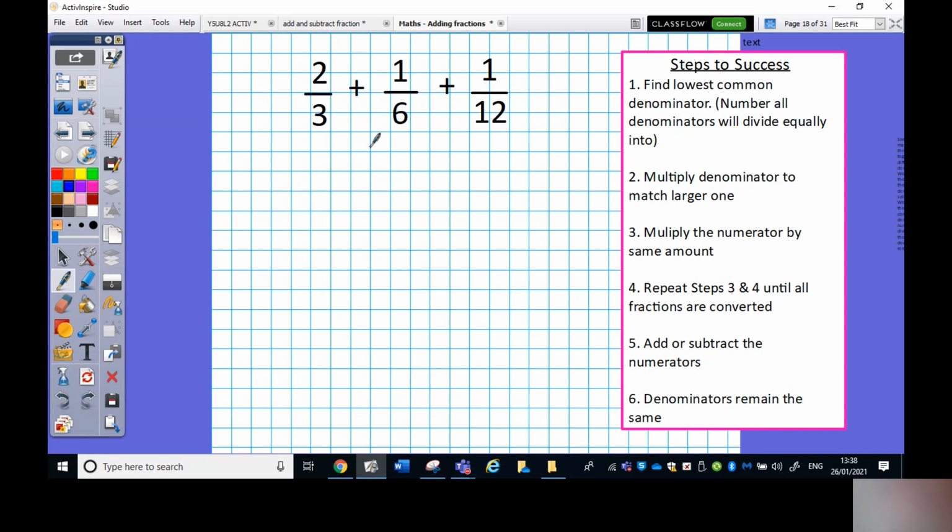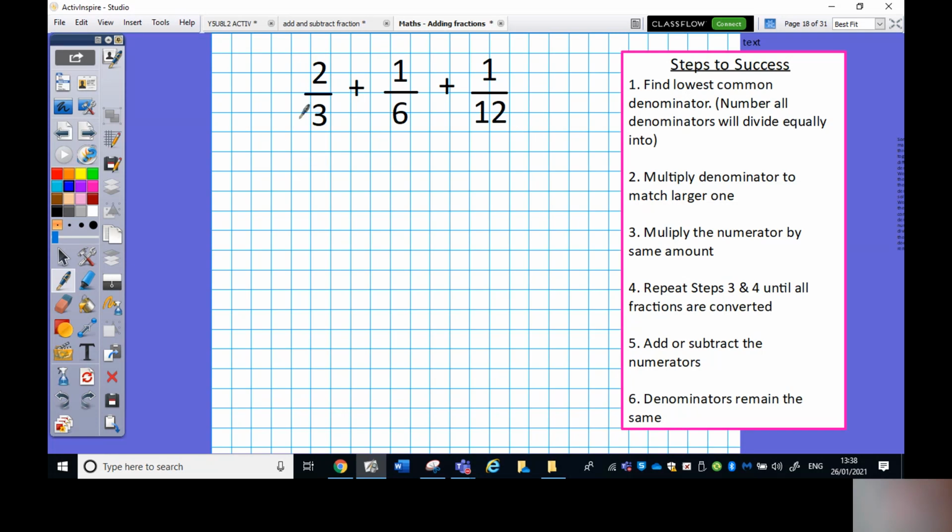But that's not the lowest one, is it? It says find the lowest. What could the lowest one be? Absolutely 12. I can divide 12 by 3, which will equal 4. I can divide 12 by 6, which will equal 2. And I can divide 12 by 12, which equals 1.